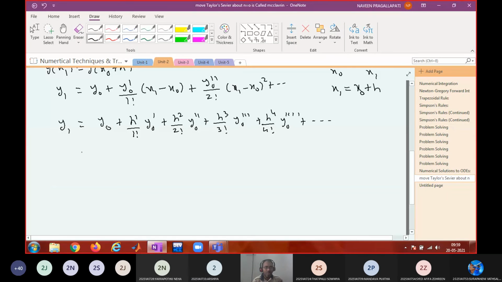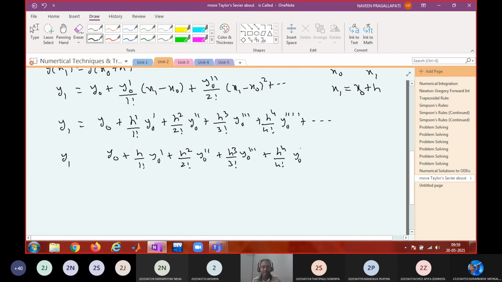So if I take only the first few terms, y naught plus h by 1 factorial into y naught dash plus h square by 2 factorial into y naught double dash plus h cube by 3 factorial into y naught triple dash plus h power 4 by 4 factorial into y naught fourth derivative, then what is the symbol I have to write here?